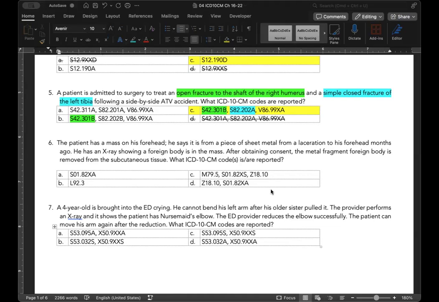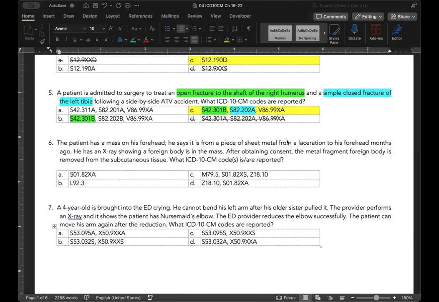S01.82 is going to be for a laceration with foreign body of other part of the head. So we know that that's what it is, right? Because we had that laceration to his forehead months ago.